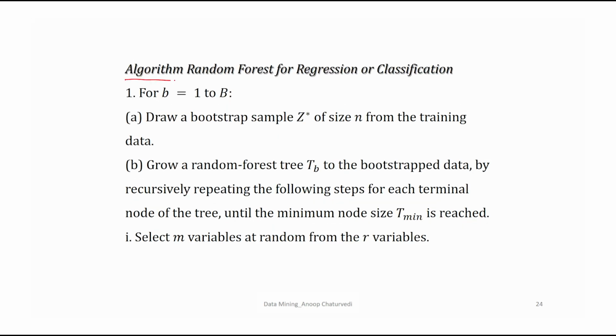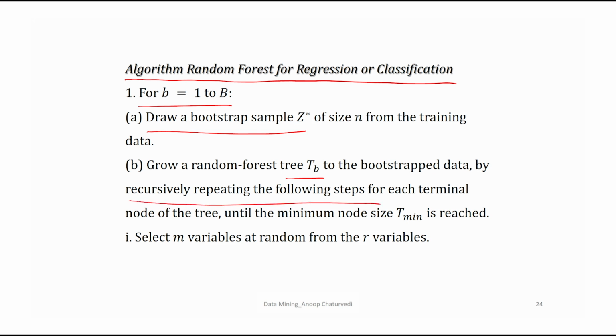Now, we consider the algorithm for random forests for both regression and classification. For b equal to 1 to capital B, draw a bootstrap sample Z star of size N from the training data. Then we grow a random forest tree T_b to the bootstrap data by recursively repeating the following steps for each terminal node of the tree until the minimum node size n_min is reached.